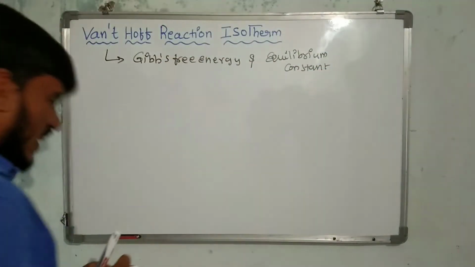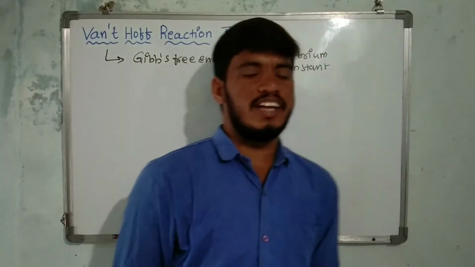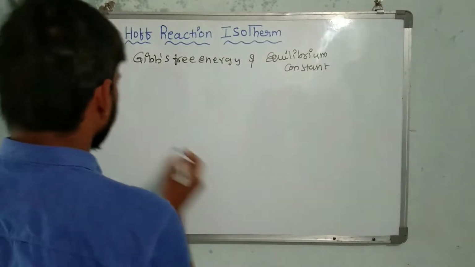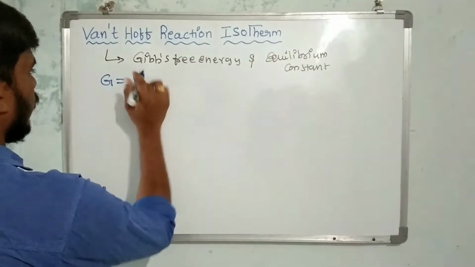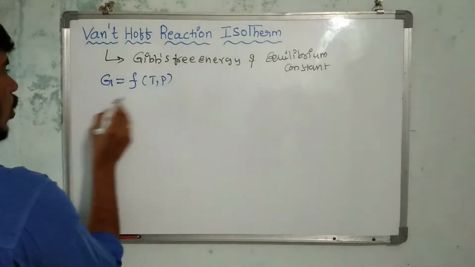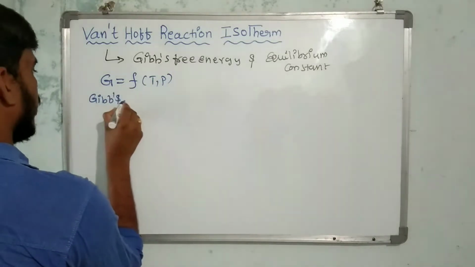Now, Gibbs free energy G is a function of temperature and pressure. Now, in Gibbs equations, what happened there?